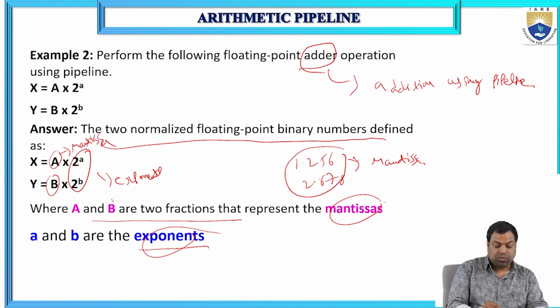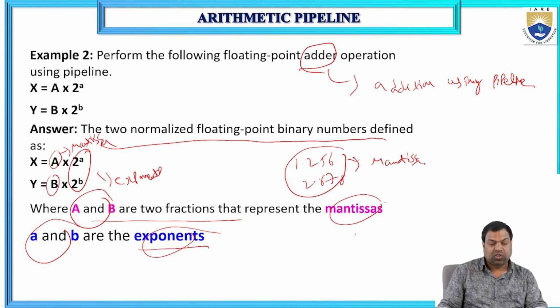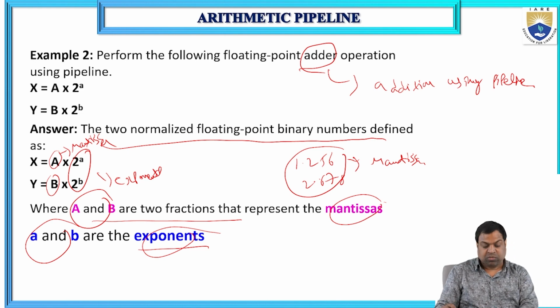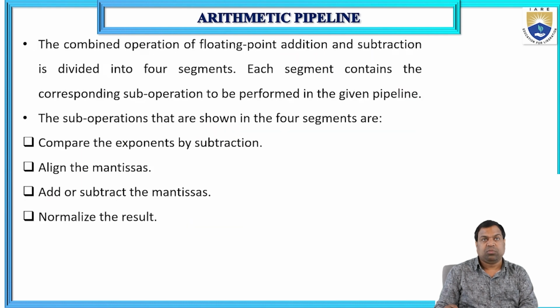So A and B are called the mantissas, and small a and b are called the exponents. So we have to take one example to perform the floating point adder using the pipeline method.